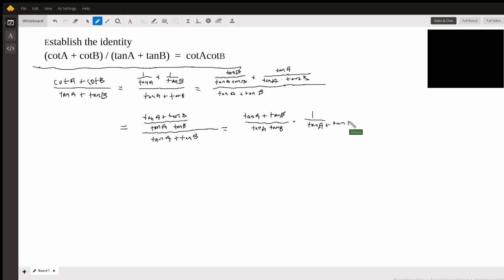So hopefully you remember keep change flip when you were taking algebra.